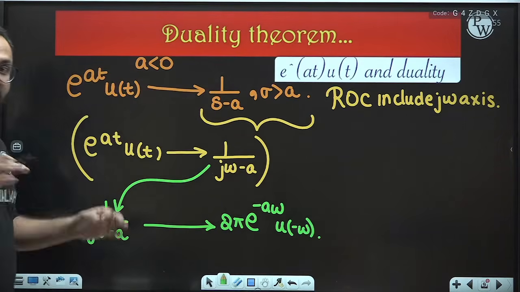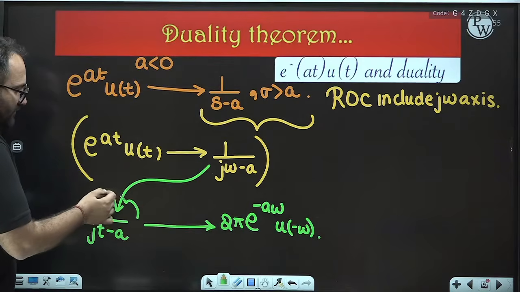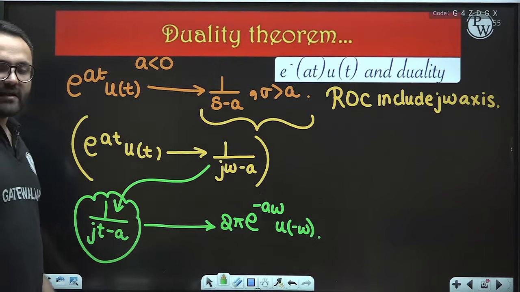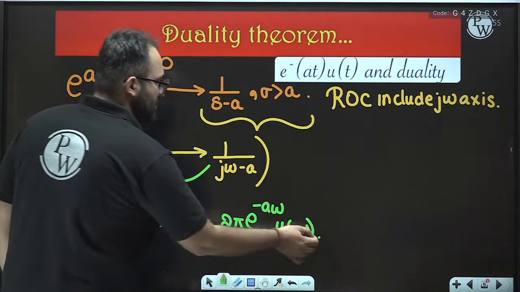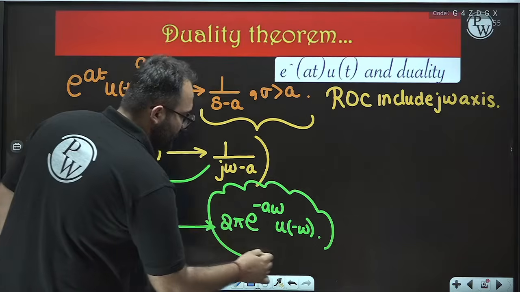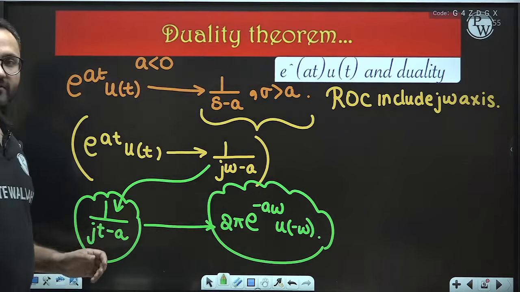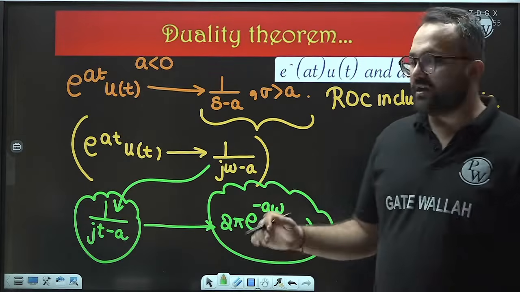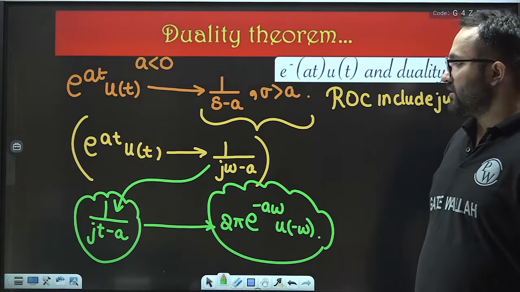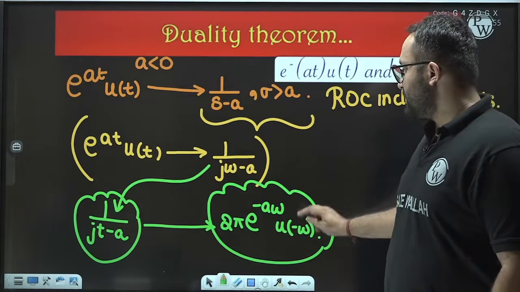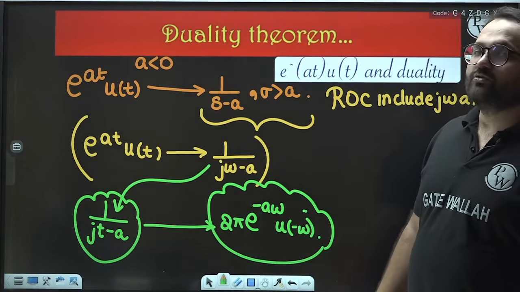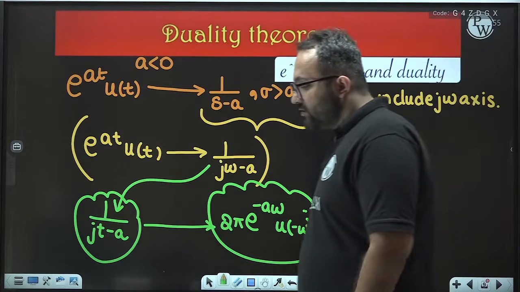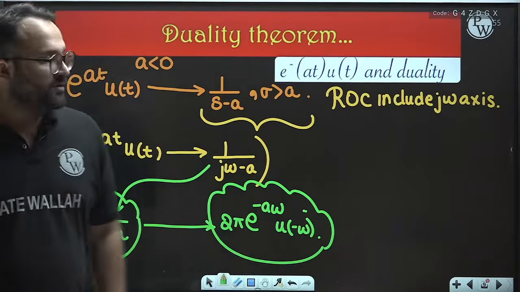So if anywhere you observe this kind of time domain signal, then this will be the Fourier transform using duality. So always remember that for 1 upon jt minus a, any signal of this kind, its Fourier transform will be this. Apply duality to find the result. Duality is one of the most important properties of the Fourier transform. Okay, great. Let's move on.